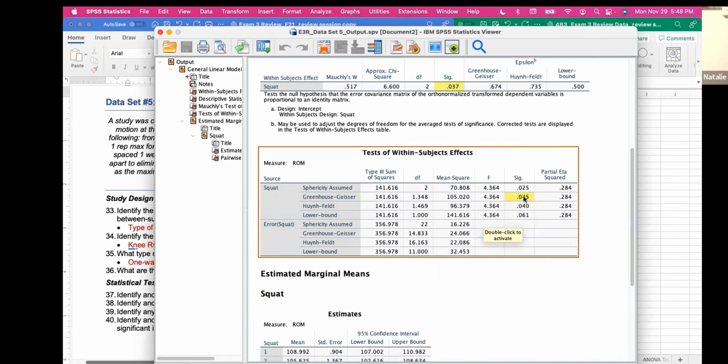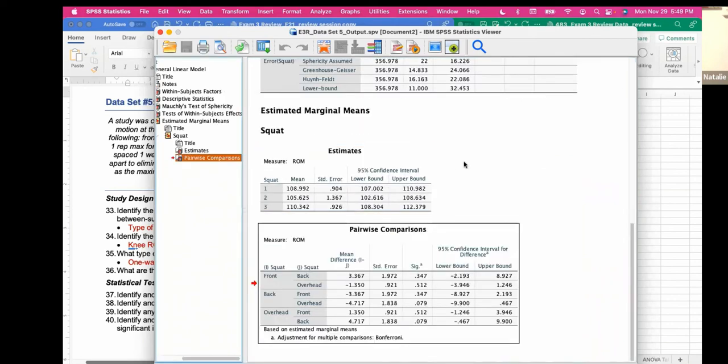So this ended up giving us a p-value of 0.045 for the main effect of squat, which indicates that there is at least one significant difference between the types of squats for knee range of motion. But when I go to the pairwise comparisons to see where the differences are, there didn't end up being any significant pairs.